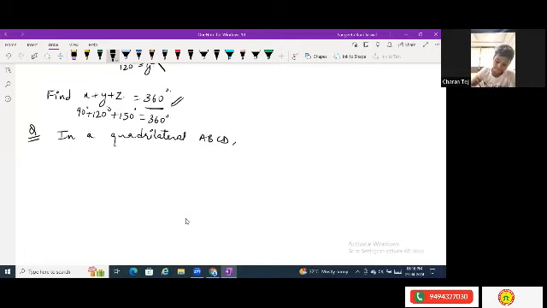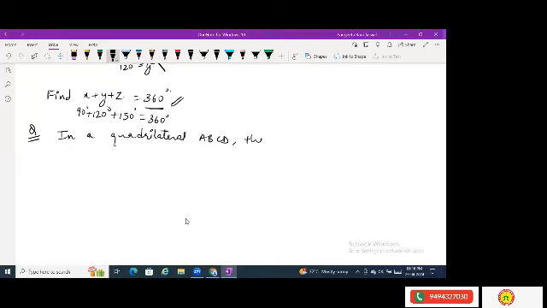Okay. In a quadrilateral ABCD, please write this down so that you can continue with this question. If ABCD is a quadrilateral, the angles A, B, C, D are in the ratio 1:2:3:4.